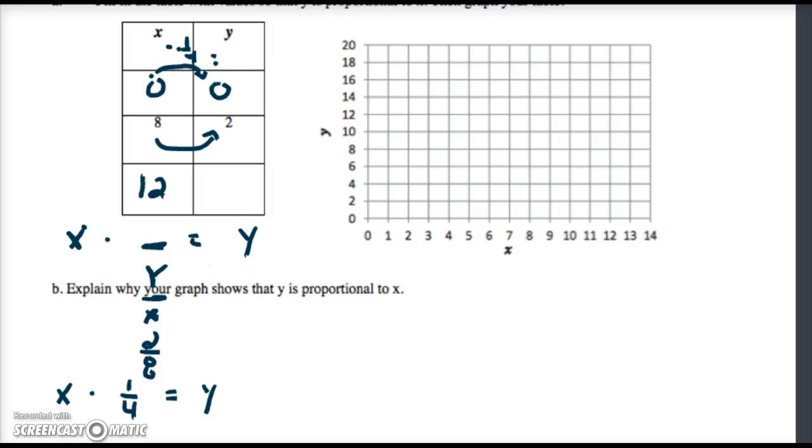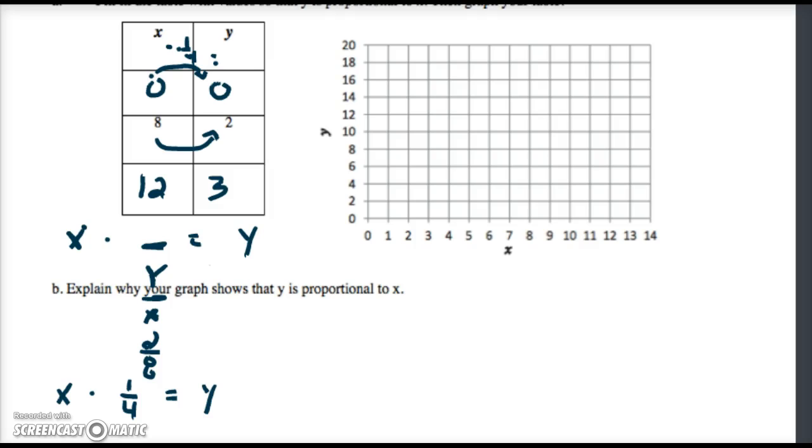So if you chose 12, then that would be an easy x value to use. So now we say 12 times 1/4, which is equivalent to 12 divided by 4. Find the y value. So 12 times 1/4 is 3.